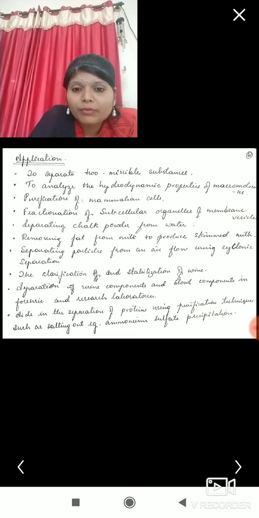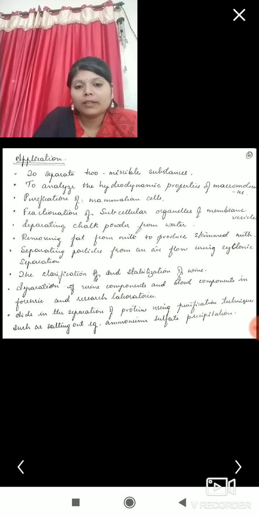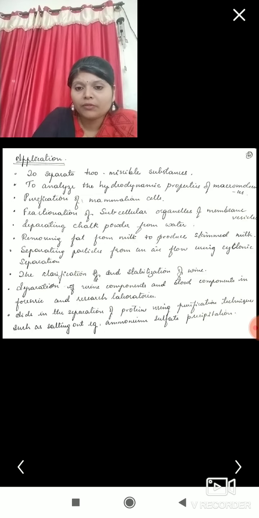from the milk to produce skimmed milk, and separating particles from an air flow using cyclonic separations and classifications, and the stabilization of different wines, etc., and separation of urine components and blood components in forensic sciences and research laboratories.